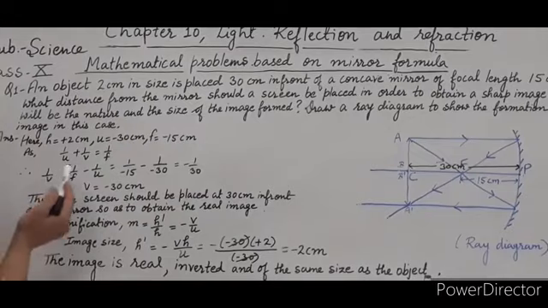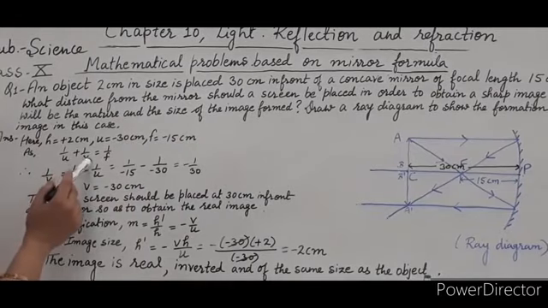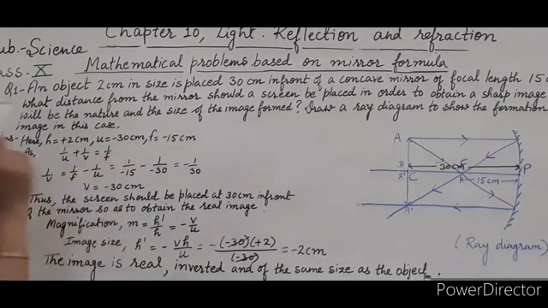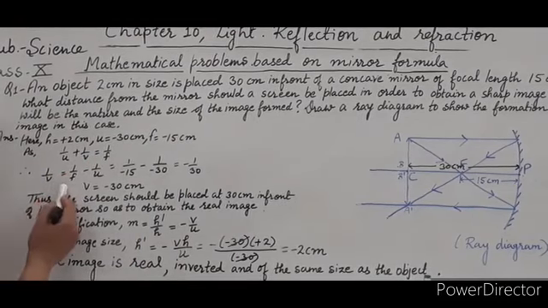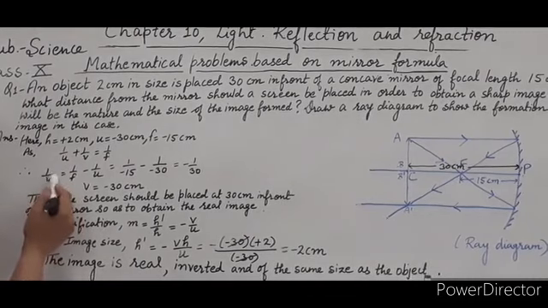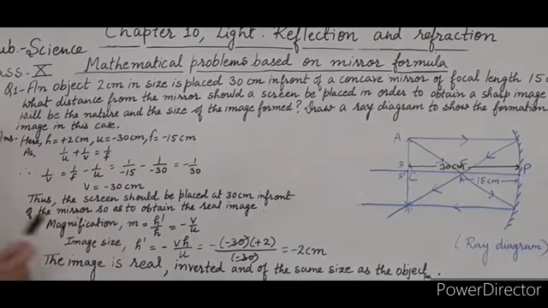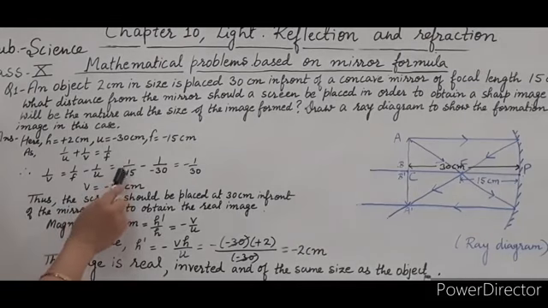Now we have to calculate v. Applying the mirror formula, 1/u plus 1/v is equal to 1/f. So 1/v is equal to 1/f minus 1/u, which is 1 upon minus 15 minus 1 upon minus 30. By putting the values, we get v is equal to minus 30 cm.